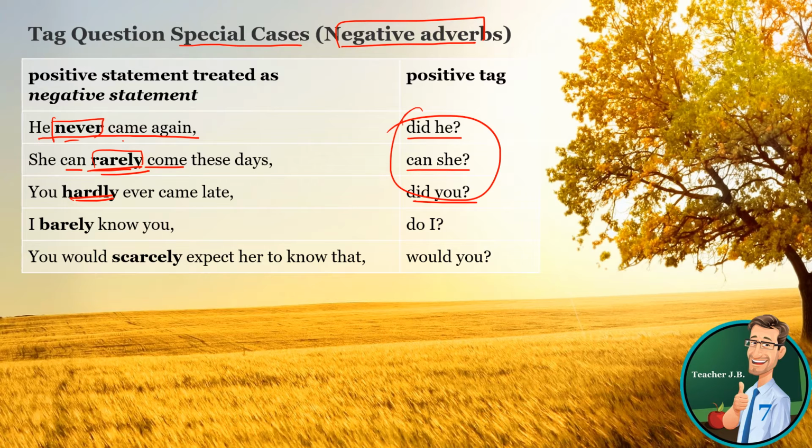I barely know you. Barely is a negative adverb, so this is a negative statement, so you use a positive tag. You would scarcely expect her to know that, would you? It's not would not because this is negative.